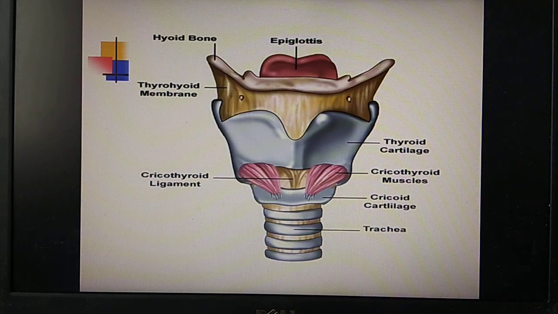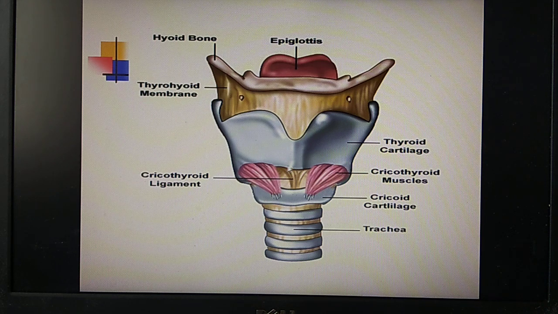So this is what you are seeing, the larynx. This is called the hyoid bone. It consists of a pair of cartilages. See, this is called the thyroid cartilage, a pair of thyroid cartilage. Then it is called the cricoid cartilage, and you can see the cricoid cartilage has a ligament.